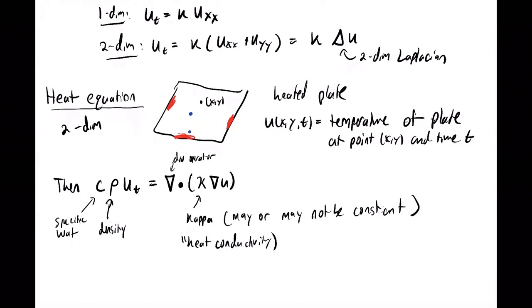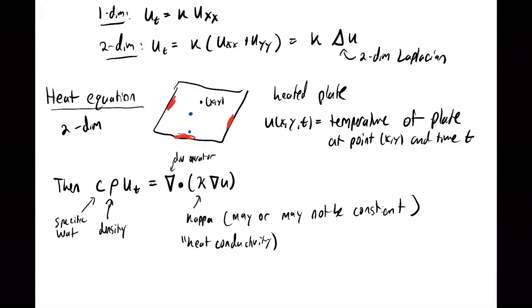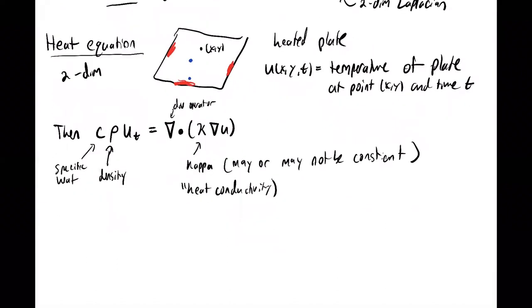And so notice that in the special case, well, let's see what happens if kappa is constant. It's going to turn out that this equation will just reduce to the diffusion equation, right? So if this is constant, the right-hand side becomes, well, since it's constant, I can factor it out of the divergence operator. So I just have kappa times the divergence operator applied to the gradient of u.